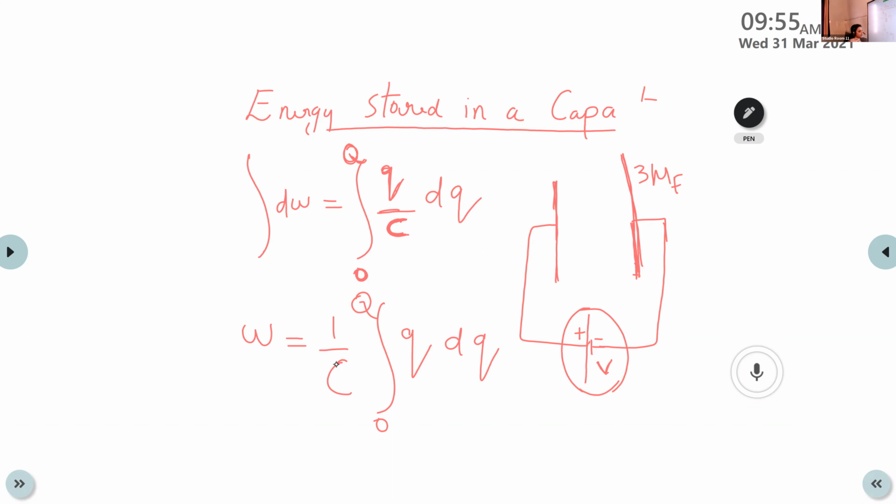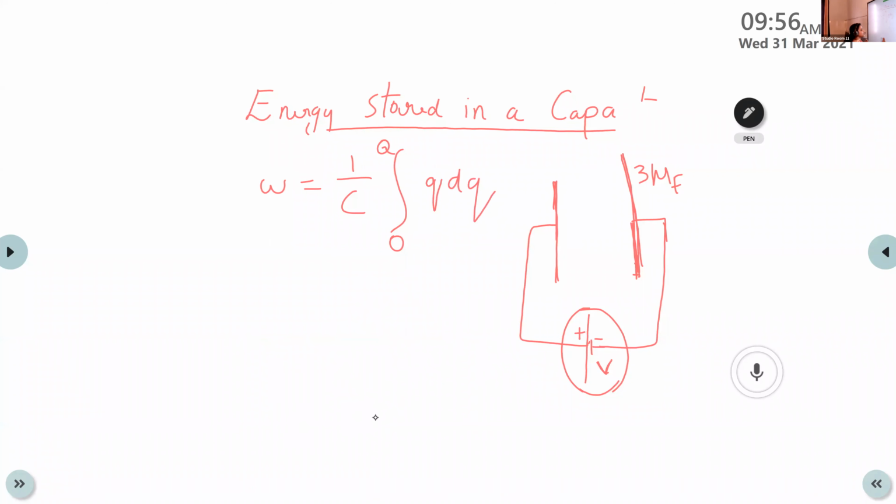So here the work done becomes W is equal to 1 by C into integral 0 to Q, q dq. And in mathematics, there is a solution for this integration.